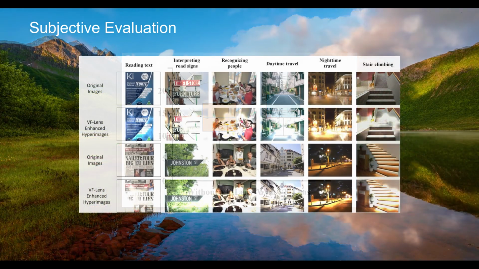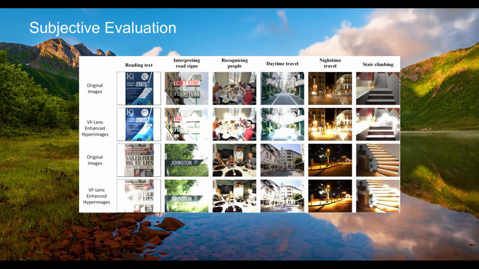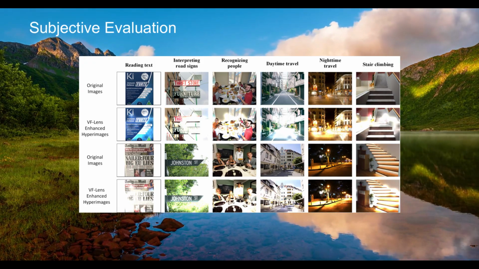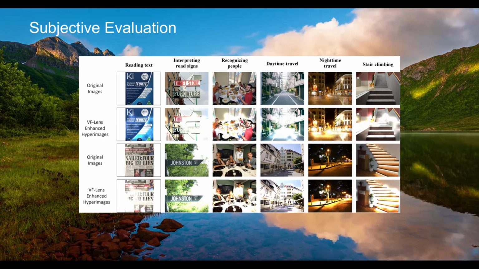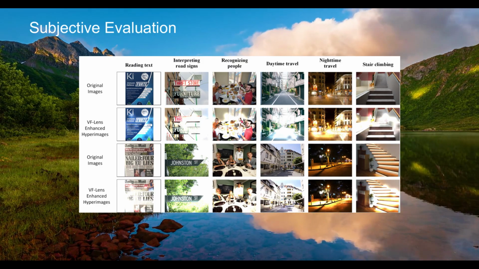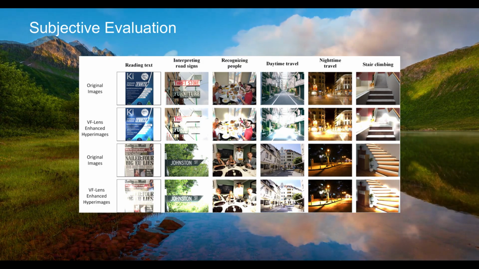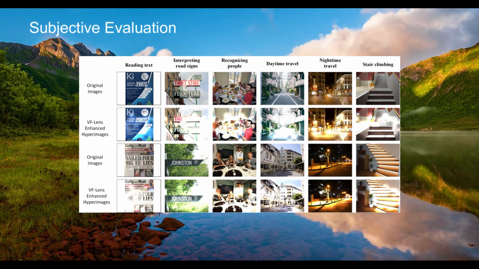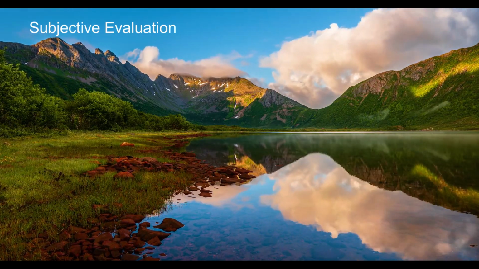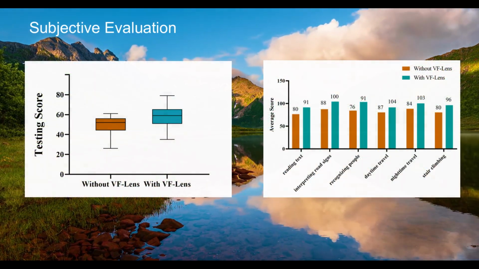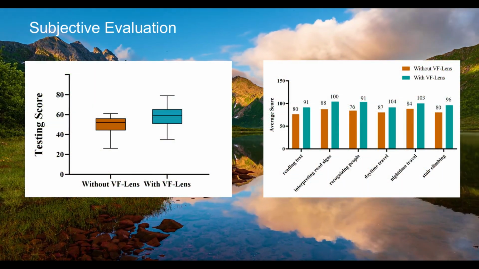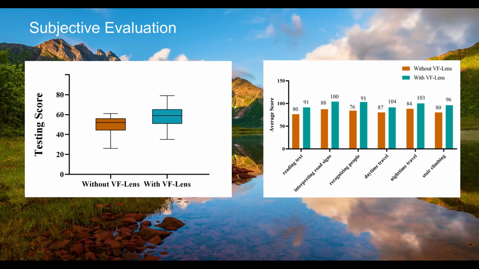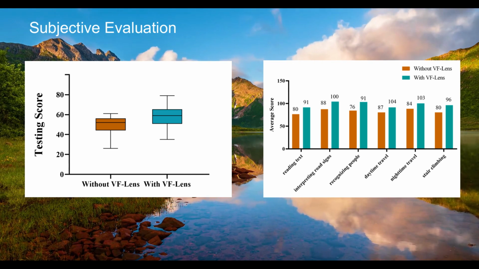Then the visually impaired participants proceeded to an adapted VF14 questionnaire using 16 testing images encompassing 6 distinct living scenarios, including reading text, interpreting road signs, recognizing people, daytime travel, nighttime travel, and stair climbing. The analysis reveals a statistically significant difference, p equals 0.02, between the use of VF lens and its absence.